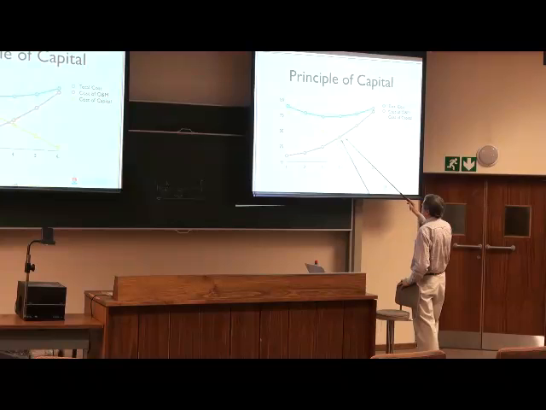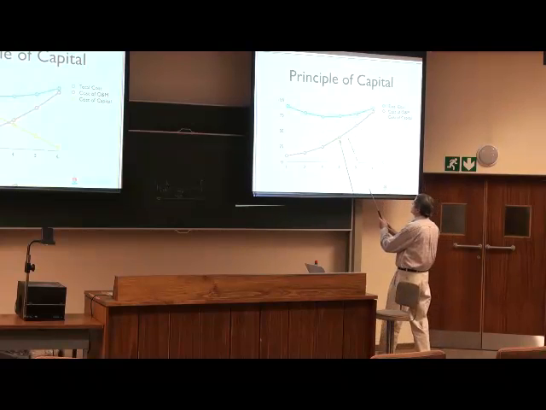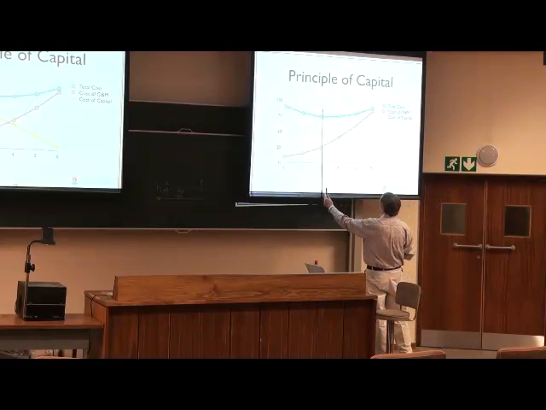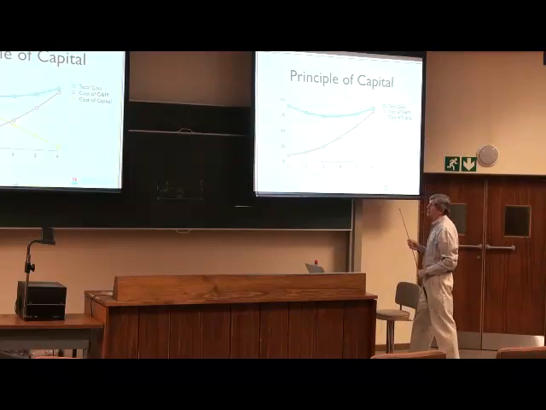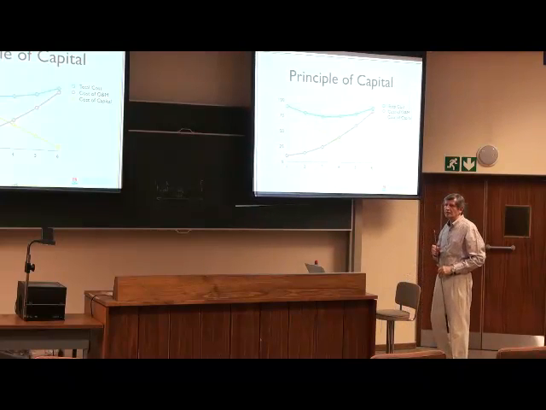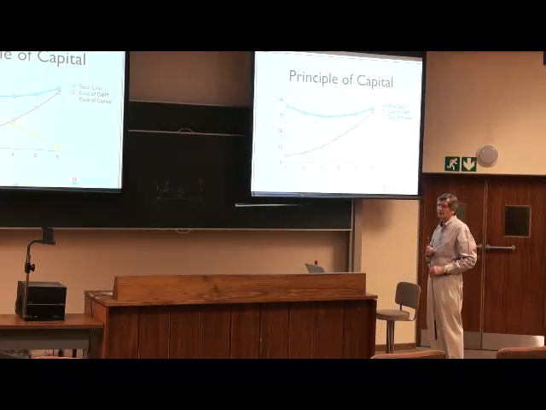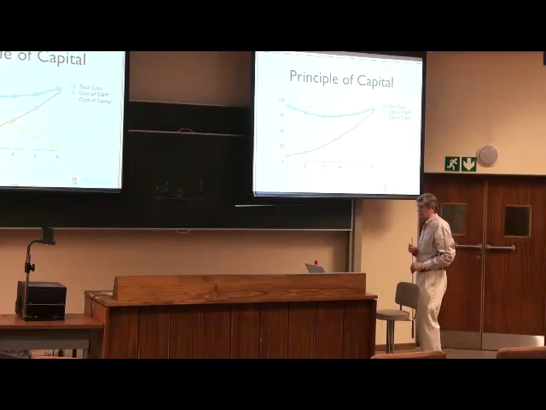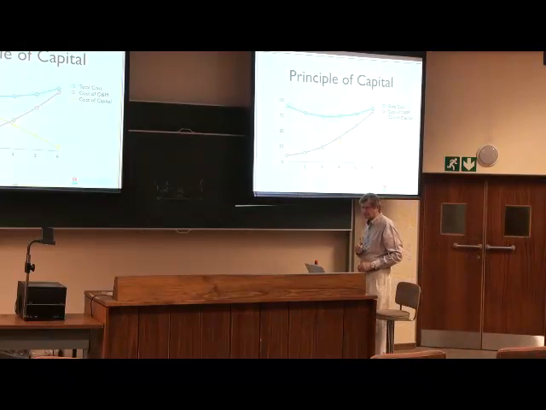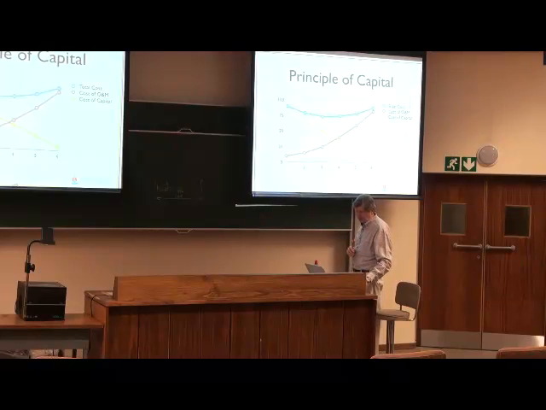These two added together give you the total cost. And what you then seek is the minimum of that total cost. That is your replacement point. As I say, that's very simplistic.